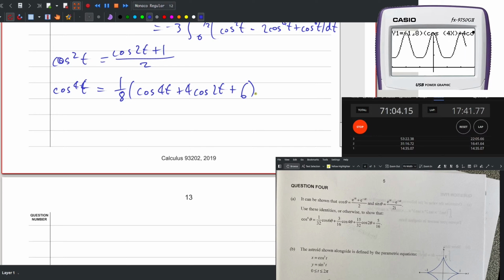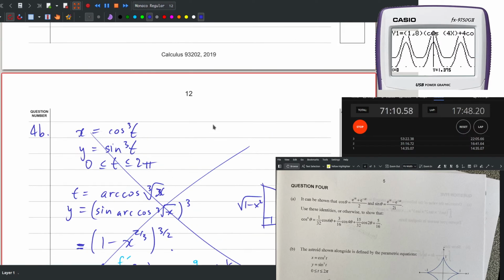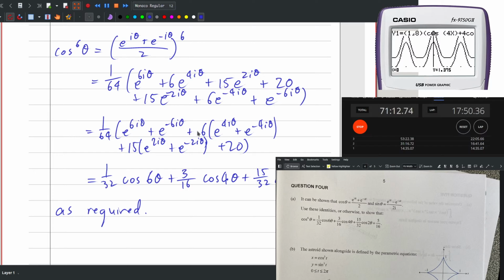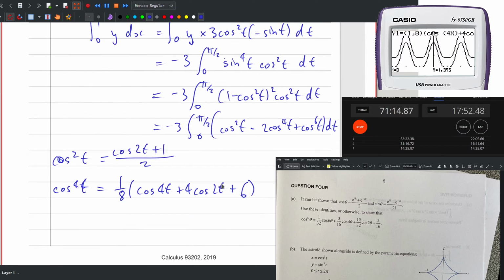Nah, something's off. Oh, it's because this one doesn't have a doubling, so this one should only be 3. And then now it should be fine.